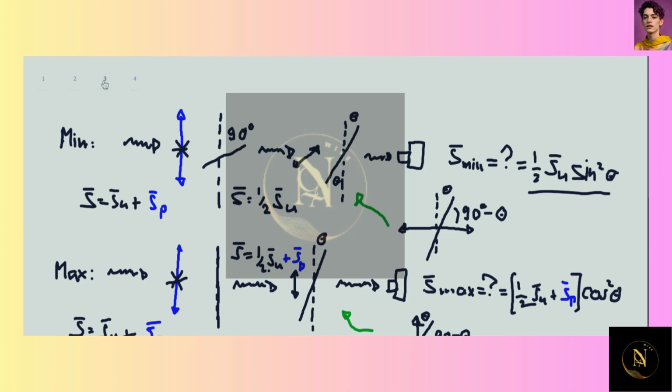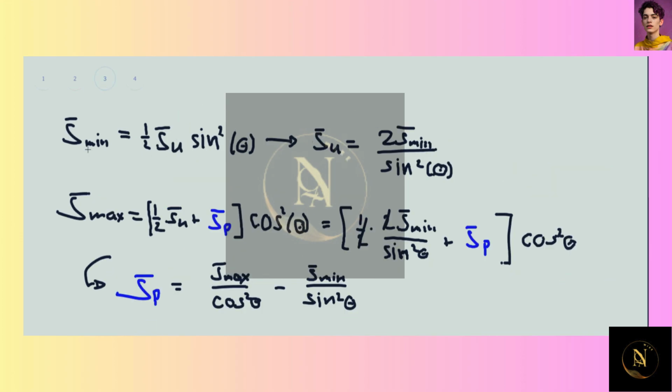So now with these in hand, we see that S min is a half S bar U sine squared theta, which we can rearrange to find S bar U in terms of S bar min. And it gives us that S bar U is 2 times S bar min divided by sine squared of theta. And we can do the same for S max, because S max is a half S bar U plus S bar P, all multiplied by cosine squared theta.